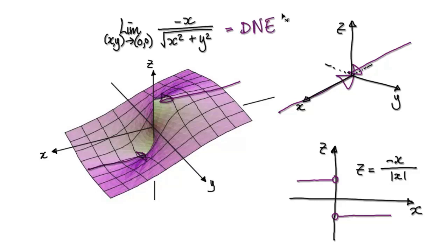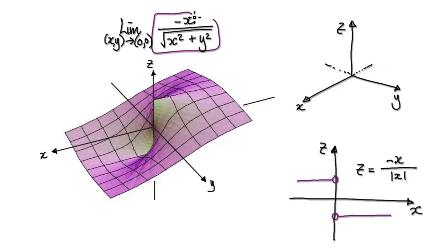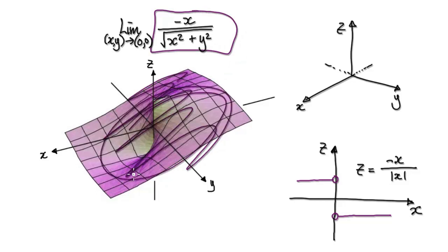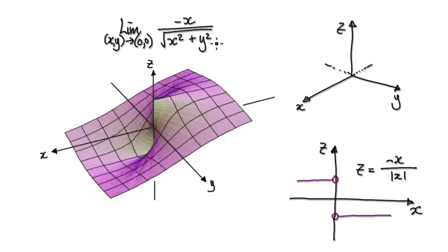But in reality, you won't have the luxury of drawing this surface. So we can still analyze it even if you don't have this plotter. Let's look at this plane here.